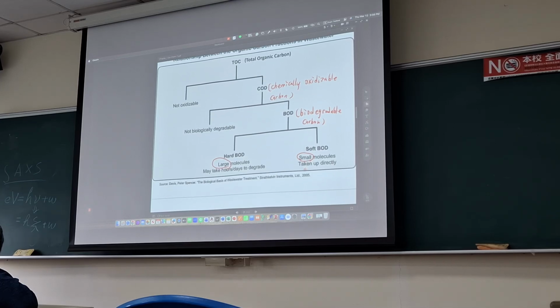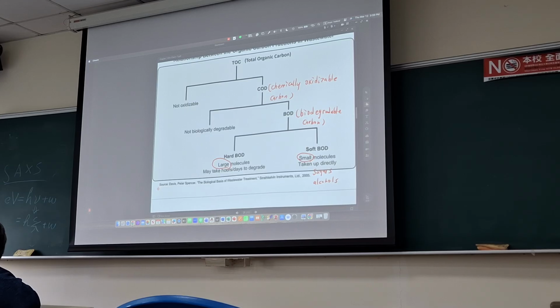So small BOD for some like sugars, like alcohol, or some organic acid. And large BOD including like proteins, like fats, and some biopolymers.